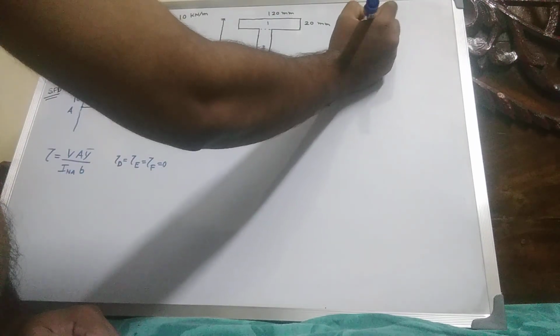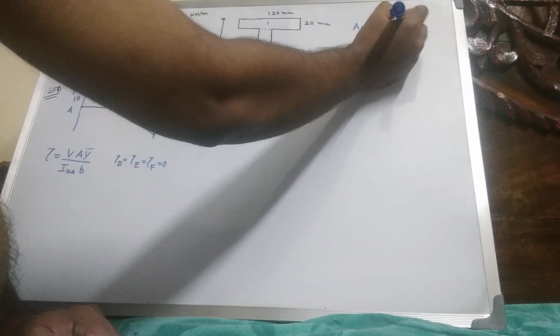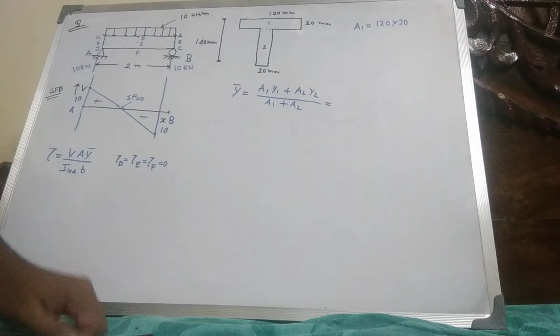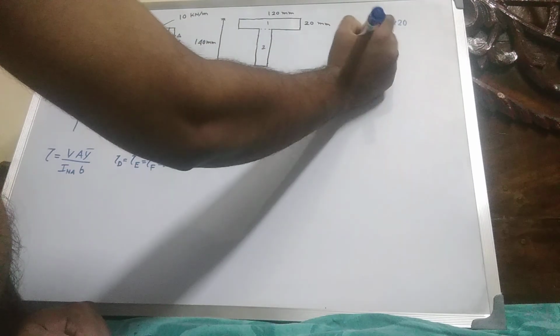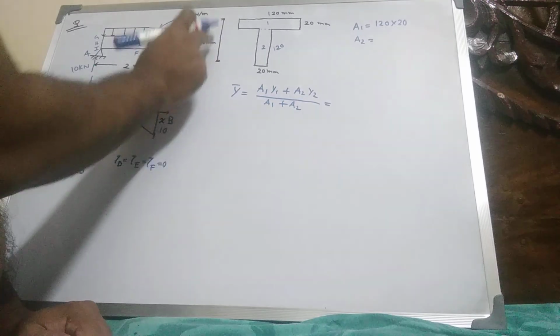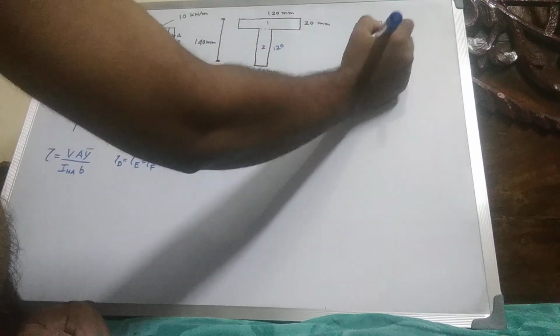Here A1 equals 120 into 20, and A2 equals 120 into (140 minus 20), which is 120 into 120.